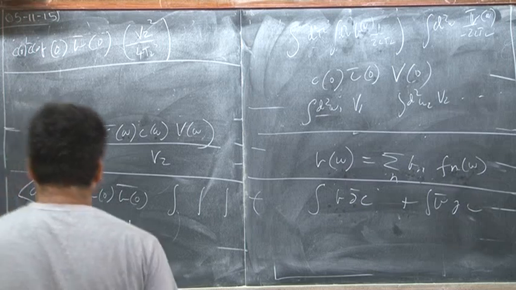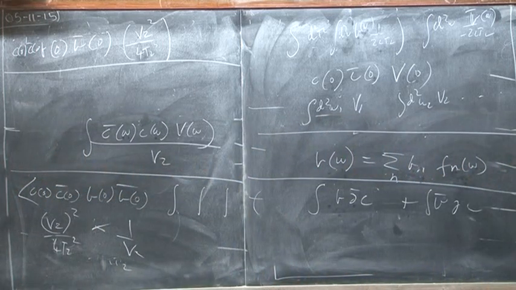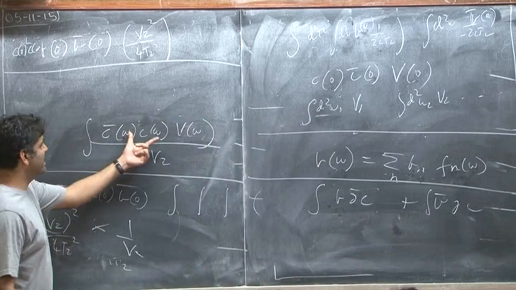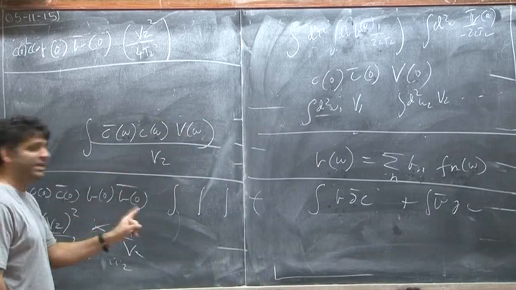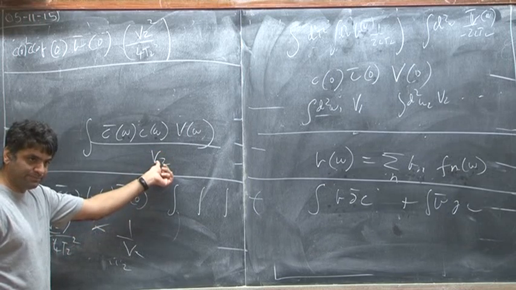Is this clear? Not clear. Okay. Did you see how I went from this to the integrated vertex operator? You see that required a division by V2.